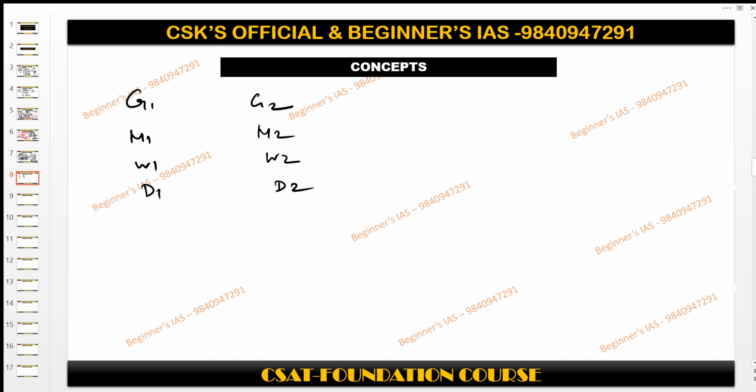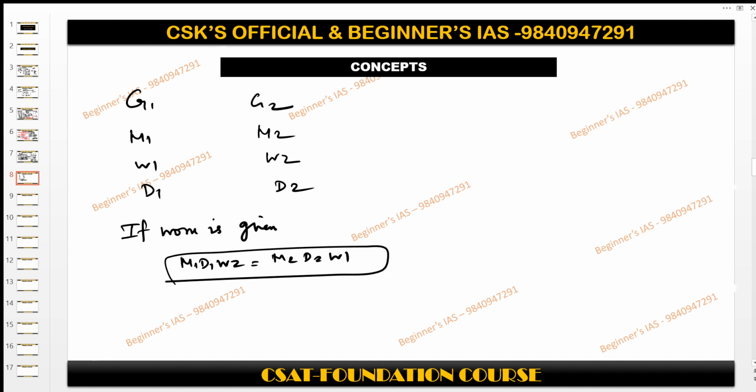Here what you need to remember is, if work is given, use this formula: M1 D1 W2 is equal to M2 D2 W1. Some people will teach you like this, M1 D1 by M2 D2 is equal to W1 by W2. That way is also fine.